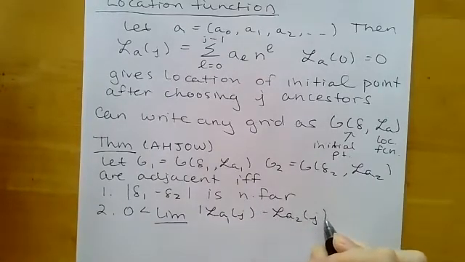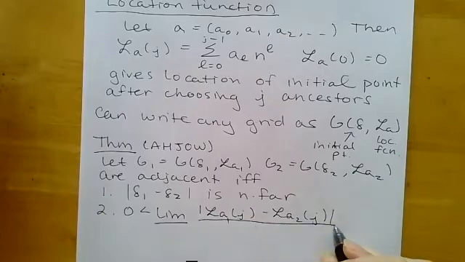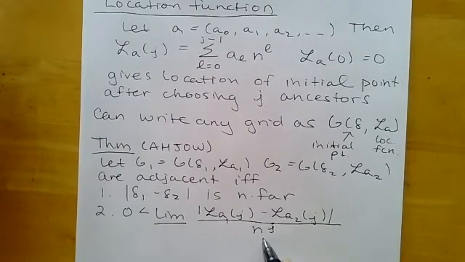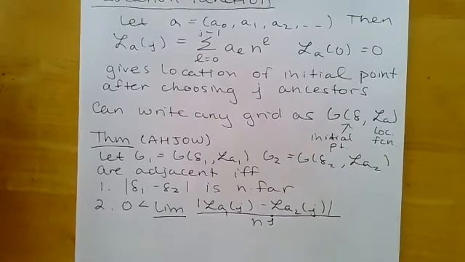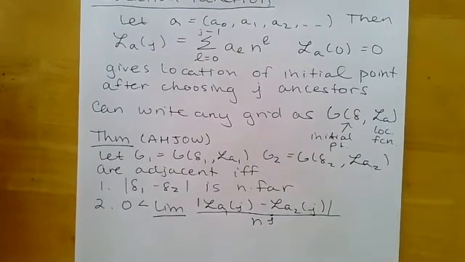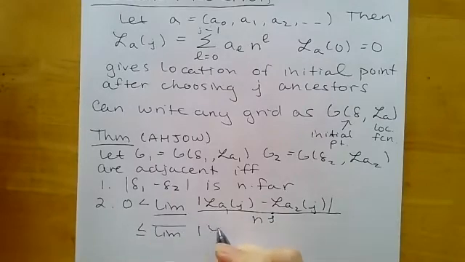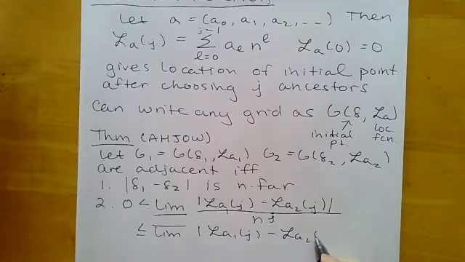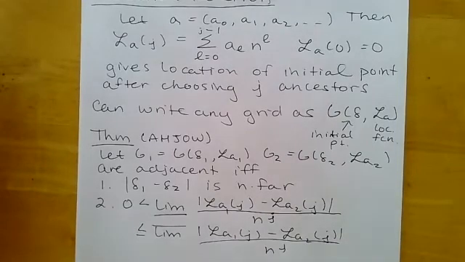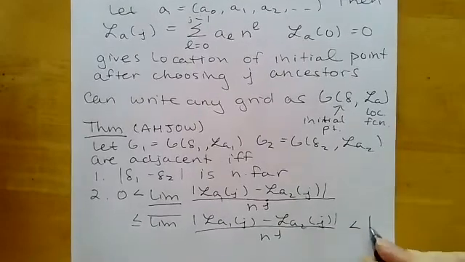So we're going to take the two location functions at scale J and normalize them with the size of the scale. This n to the J is the size of the cubes at ancestor generation J. The lim inf of all these differences will of course be bounded above by the lim sup of all these differences, and this will be bounded above by 1.